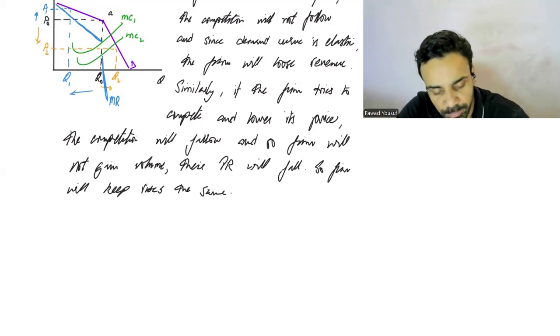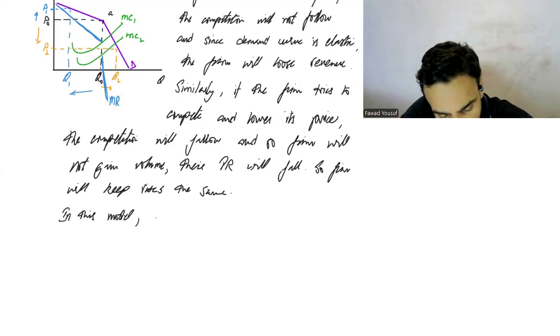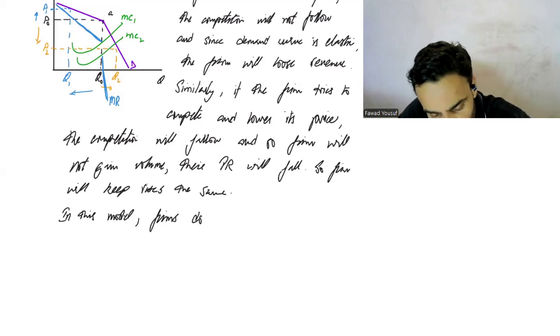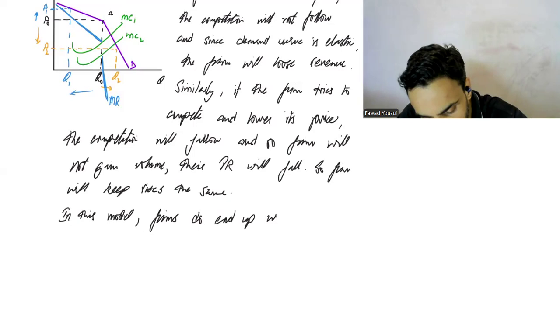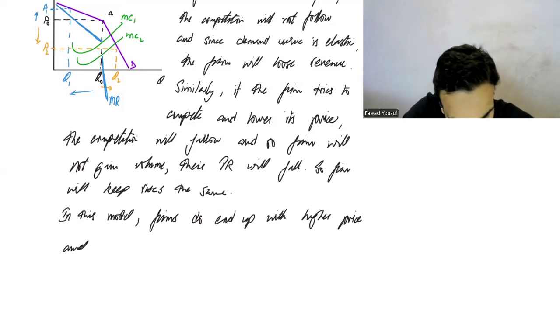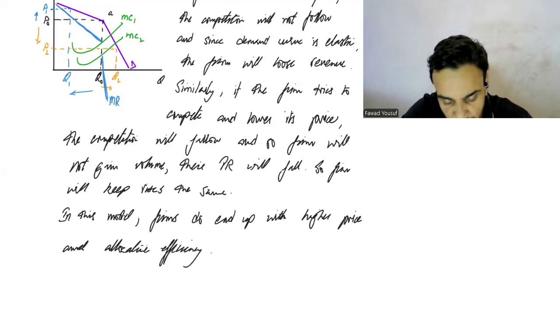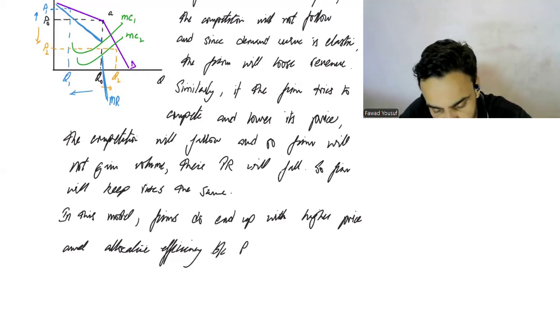So even if they are competing, that would be my last evaluative statement for this one, that in this model, firms do end up with higher price and allocative inefficiency, because price is greater than marginal cost.